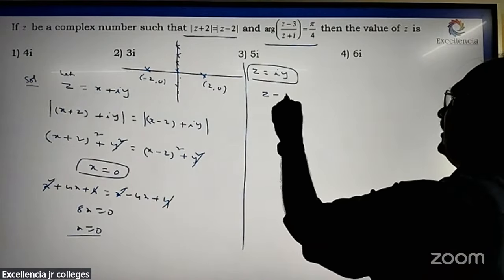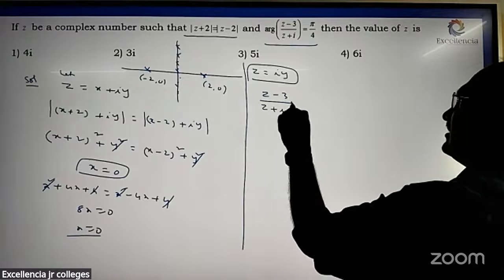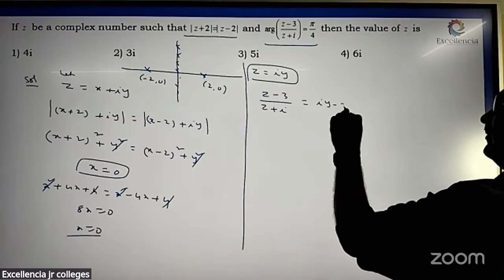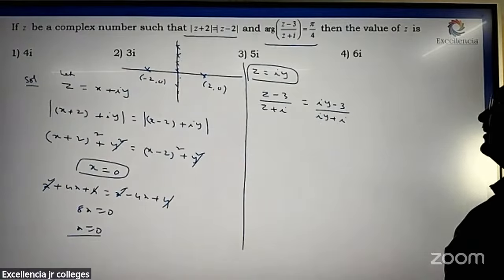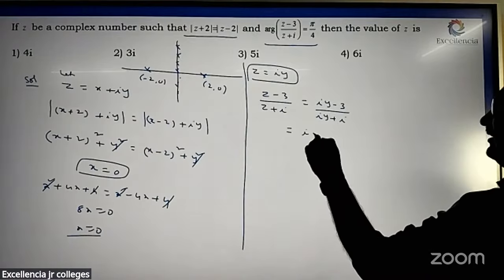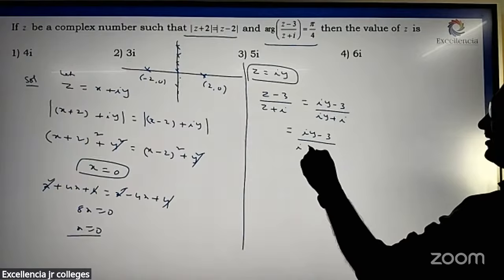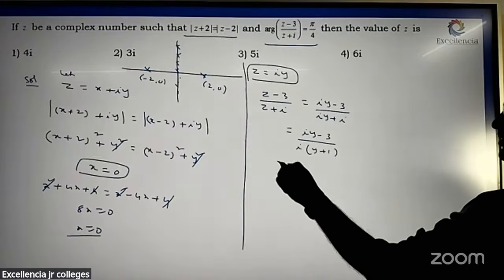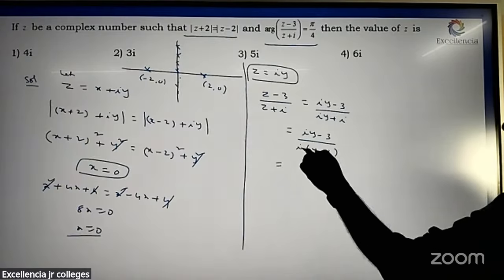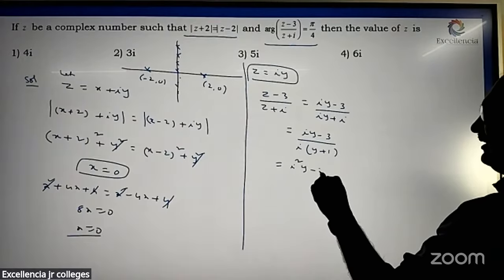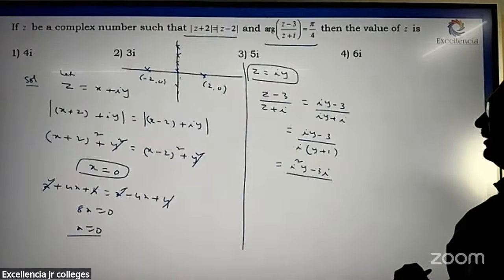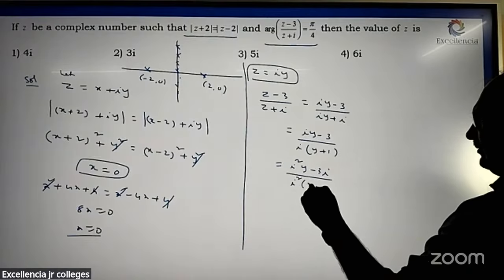Now, what is being asked? Argument of (Z minus 3) by (Z plus i) is equal to what? (iy minus 3) by (iy plus i). After this, I can write (iy minus 3) by i times (y plus 1). Multiply numerator and denominator with i, then you will get (i square y minus 3i) by i square into (y plus 1).